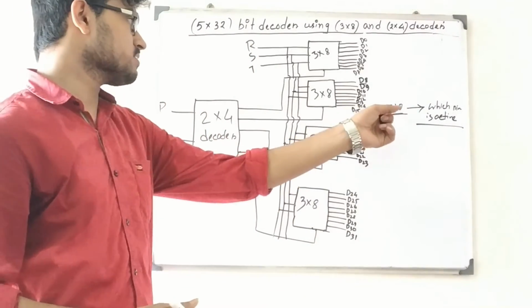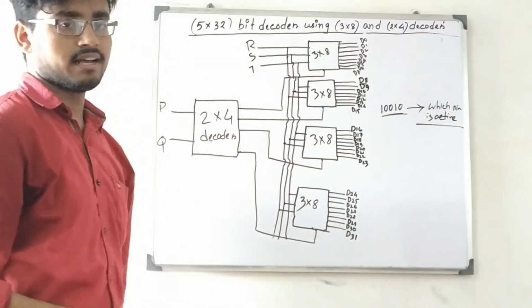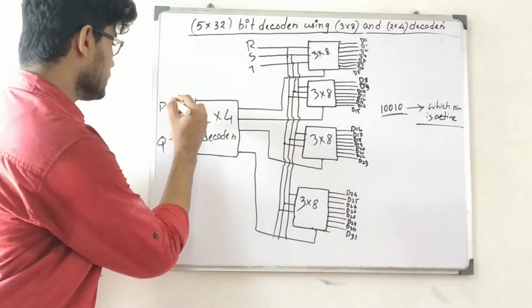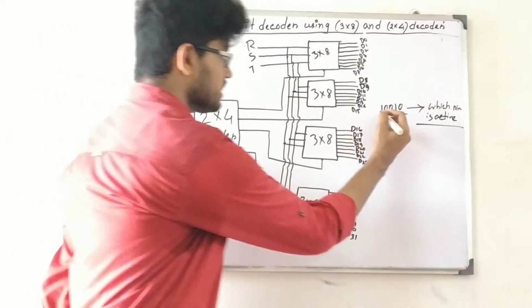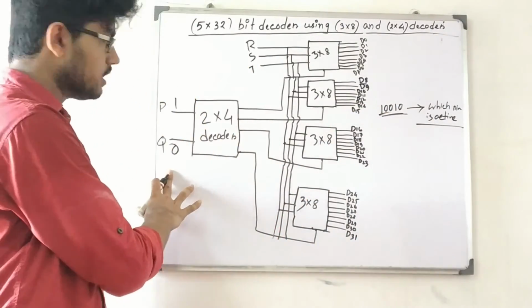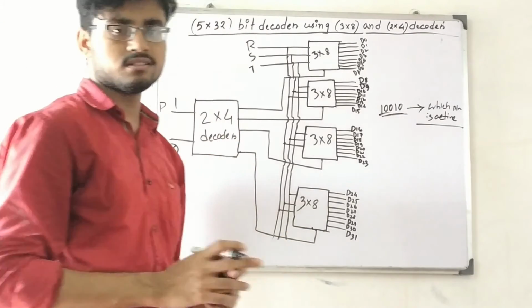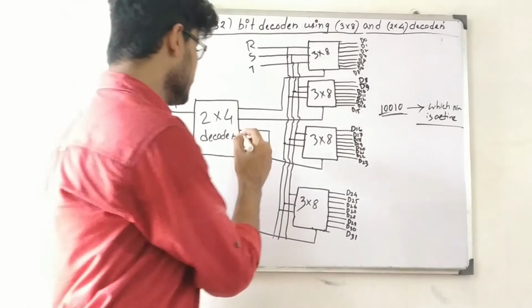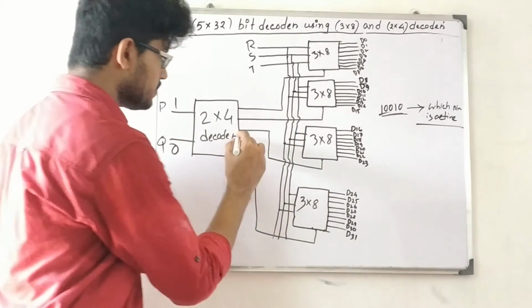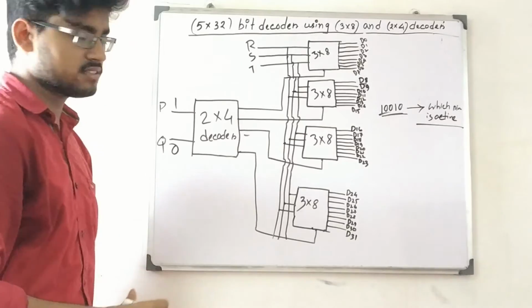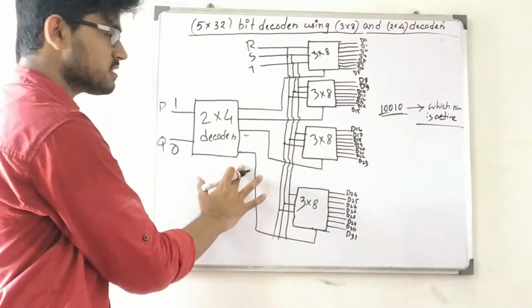So if we give 1 0 0 1 0 as the input here, see that the first two bits are P and Q, so this is 1 0. 1 0 in binary means 2. So the D2 pin is active, and only D2 is active. The rest of the pins are 0. This is 0, this is 0, this is 1, and this is 0.